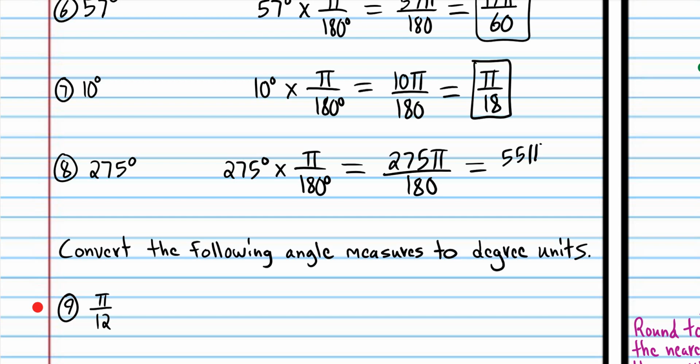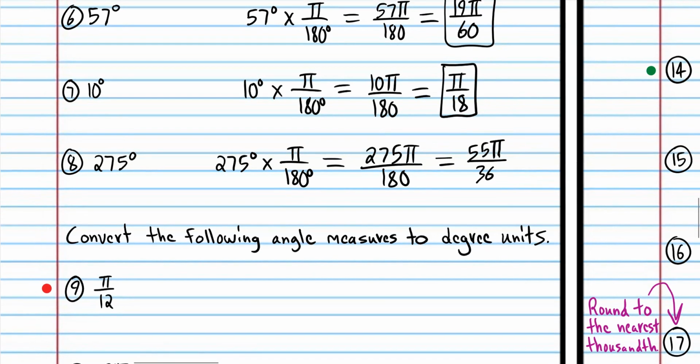You can do this in steps if you want, that's okay. 180 divided by 5 is 36. And that's all we can do. That's reduced. So if you got that right, perfect. Again, if you had a little trouble reducing, that's okay.